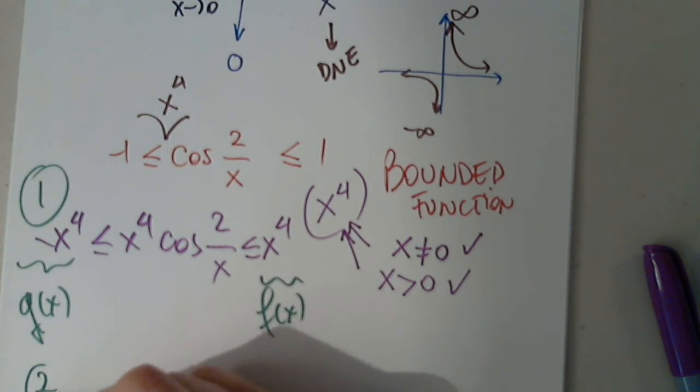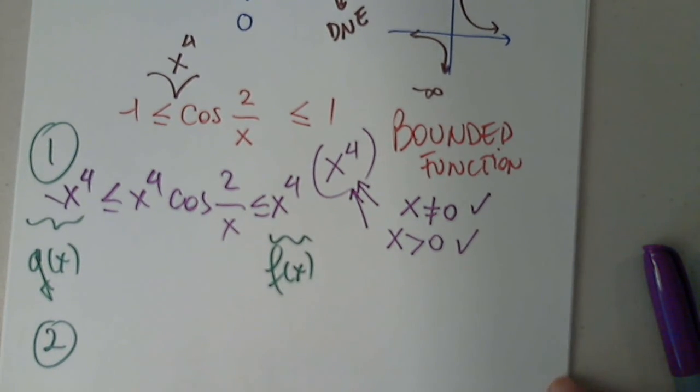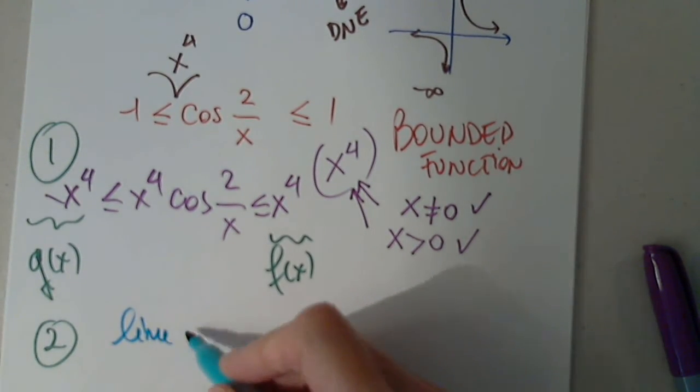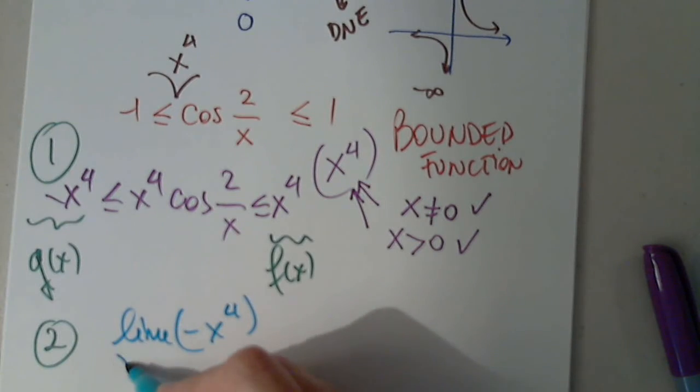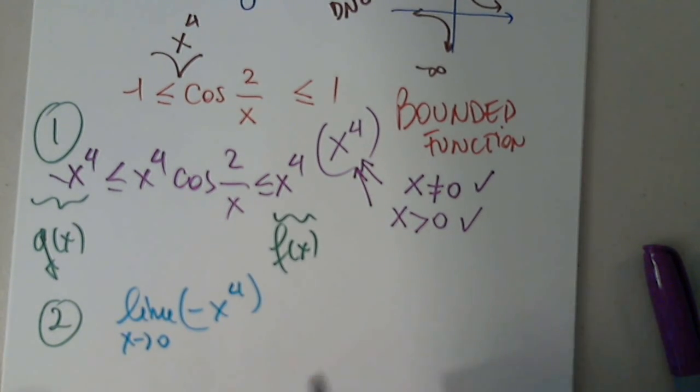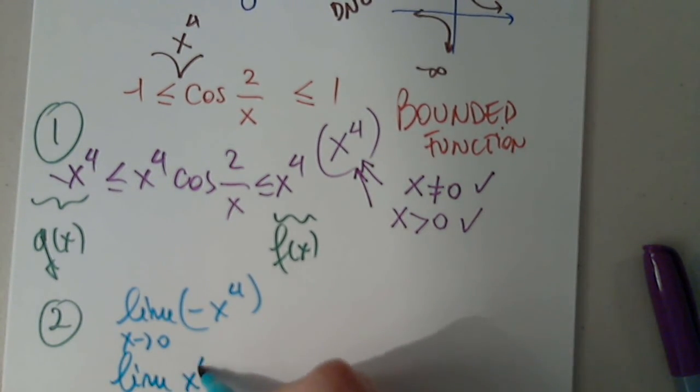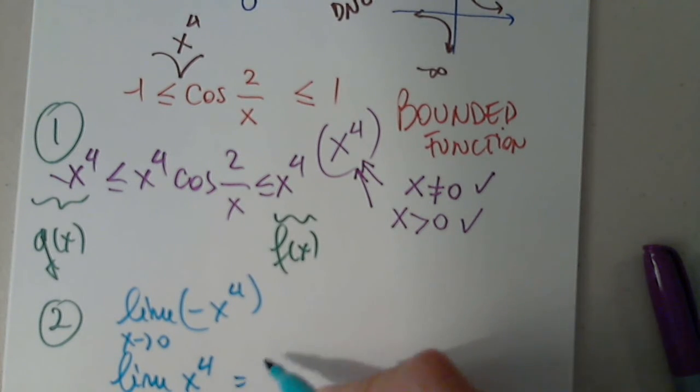Now the question is, will the second one be fulfilled? I don't know. I have to determine the limit of negative x to the 4th when x approaches 0 from either side, and the limit of x to the 4th when x approaches 0 from either side.